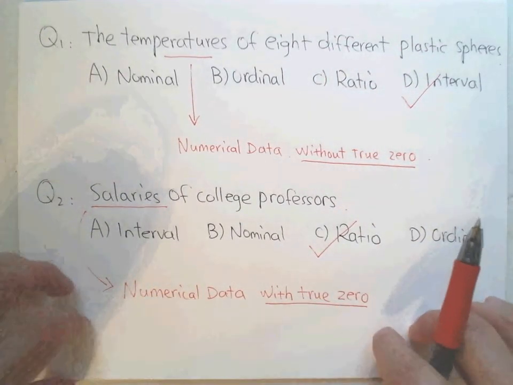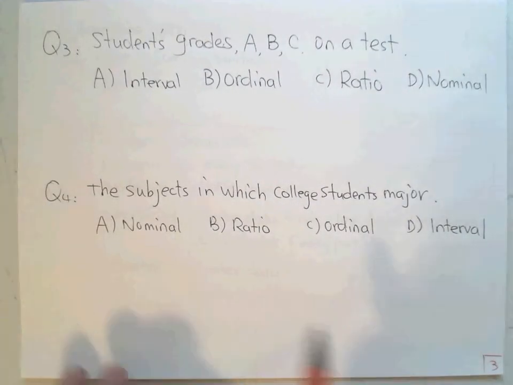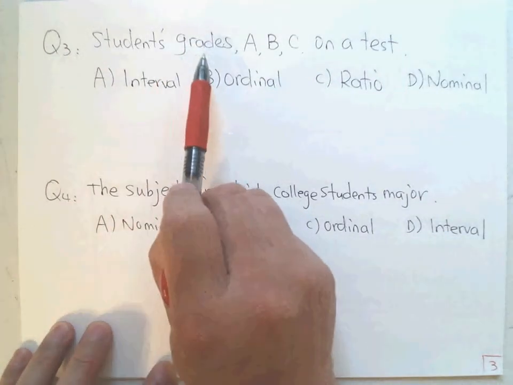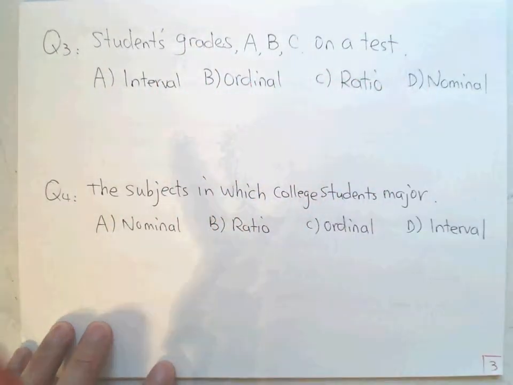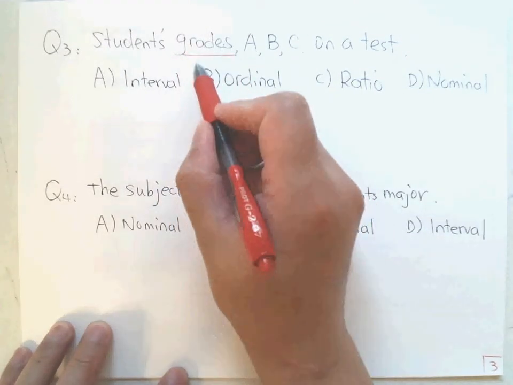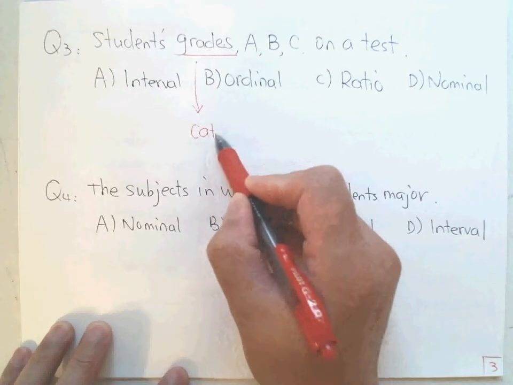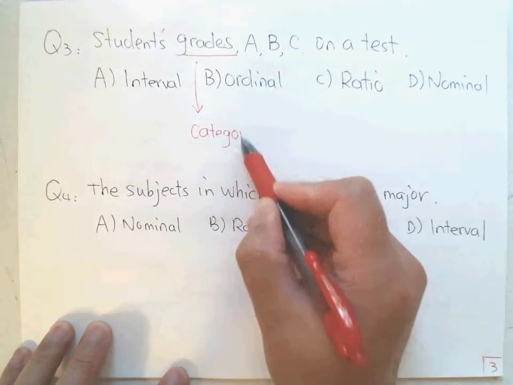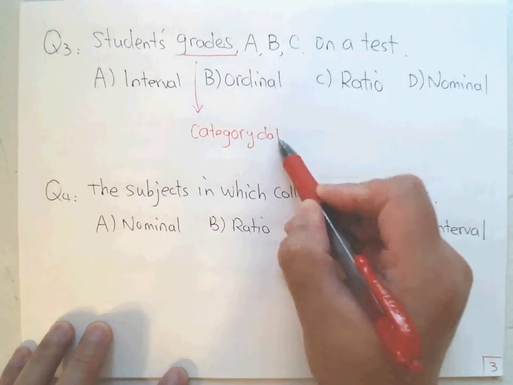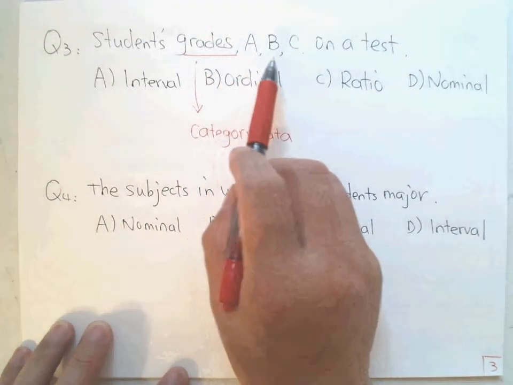Two more examples. Look at this example: the student's grade, A, B, C, on a test. First, this is not numerical, so we know it is category data. Second, can we order this grade?